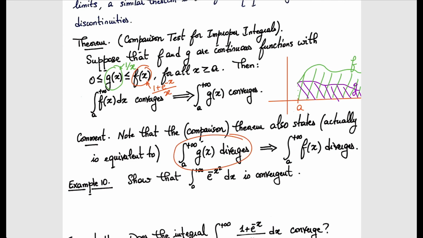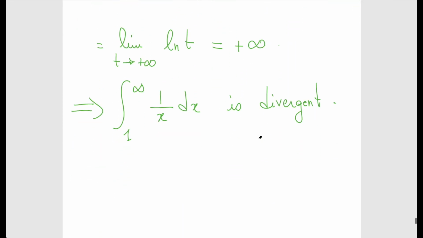By the way, a is taken to be 0 here in our discussion, so the integral from 0 to 1. The integral from 1 to infinity of g of x, 1 over x dx, we found is divergent. So what can we infer by this theorem? We infer that this guy, where f of x is 1 plus e to power negative x over x, is divergent. Correct? So let's go back over there and conclude.